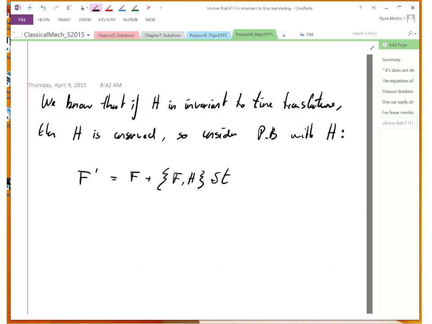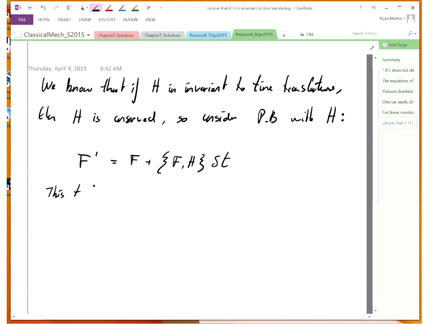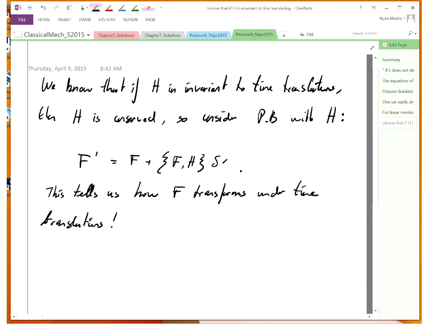So this tells us how f transforms with time. I should probably call it delta epsilon so that this thing here altogether is delta t.